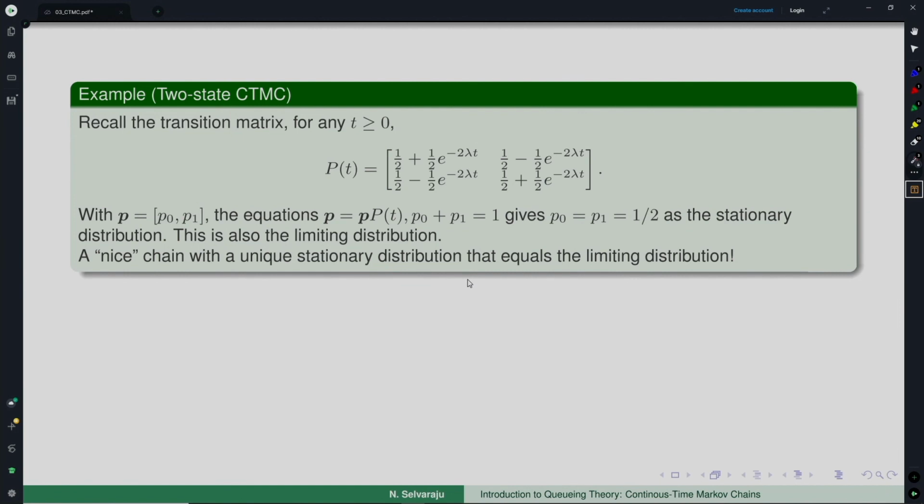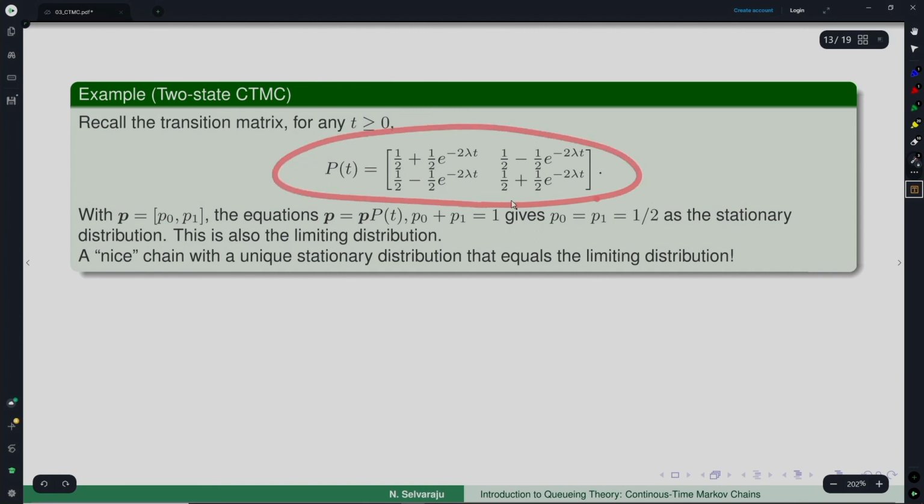Now, for example, look at the two state continuous time Markov chain which we have seen. This is the P of t we obtained in the previous lecture.